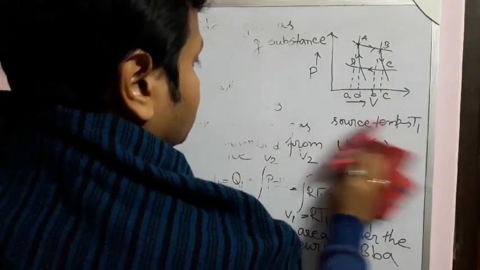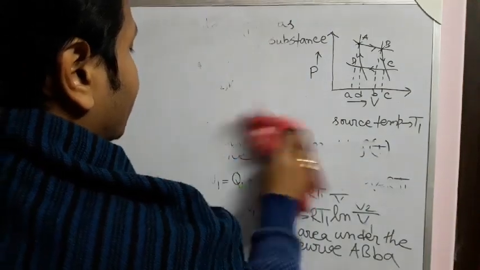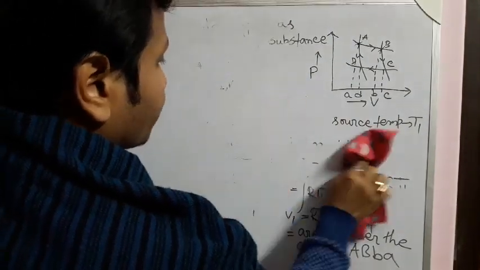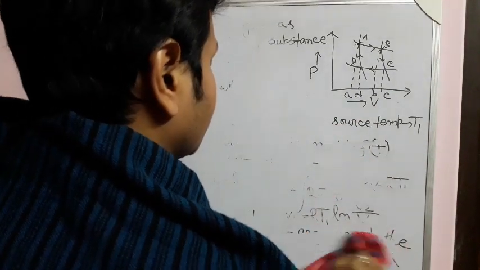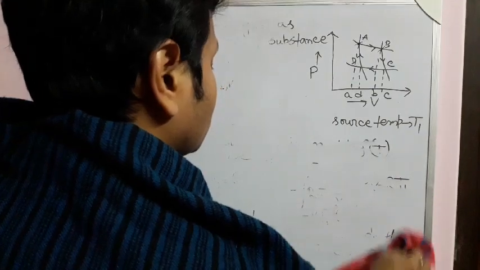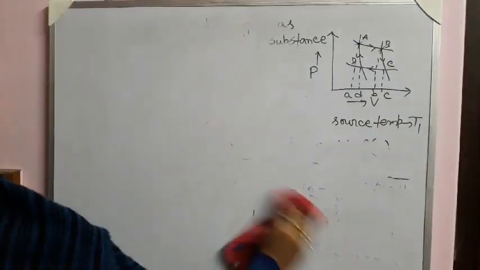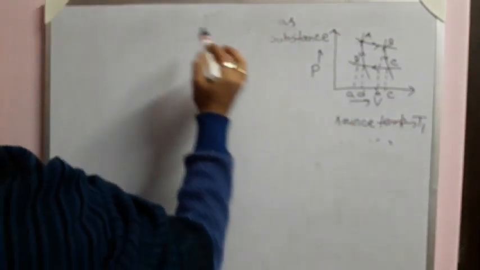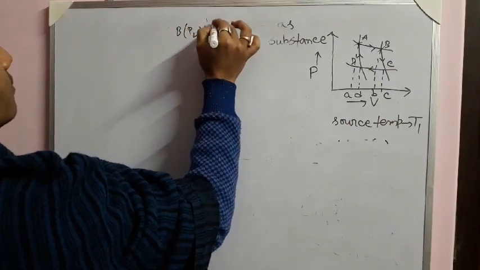Starting from the point B, the gas expands adiabatically until it reaches C. At B, the pressure is P2, volume is V2, and temperature is T1.